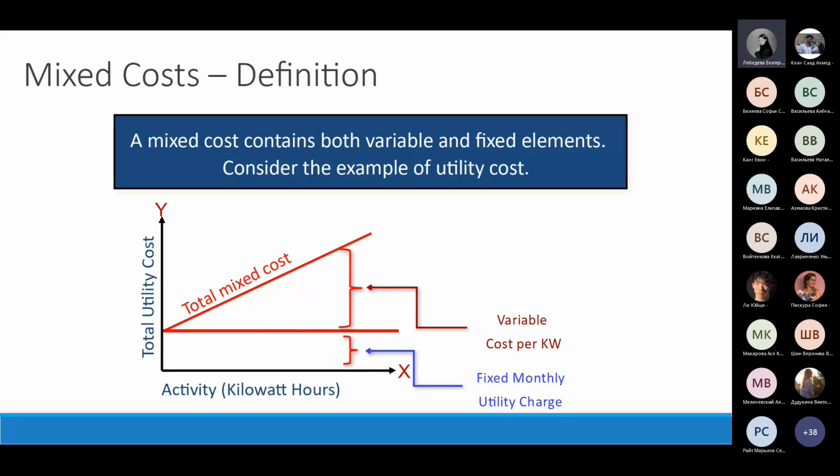And we have to divide or split the bill to fixed and variable parts to be able to allocate our expenses correctly, because sometimes a variable part of utilities could be assigned to variable expenses and, of course, fixed part to fixed expenses.